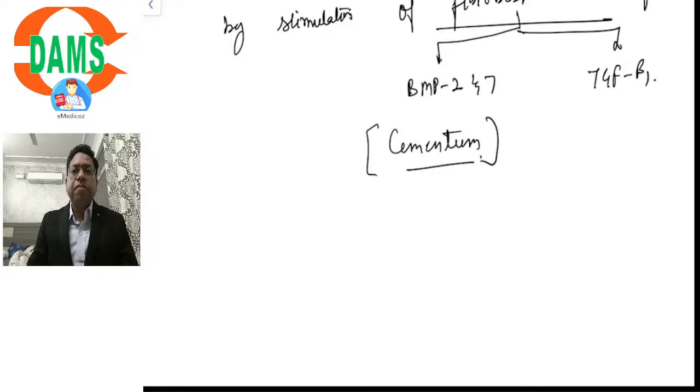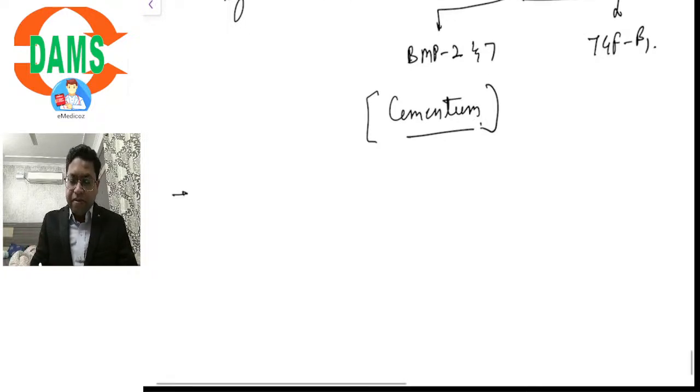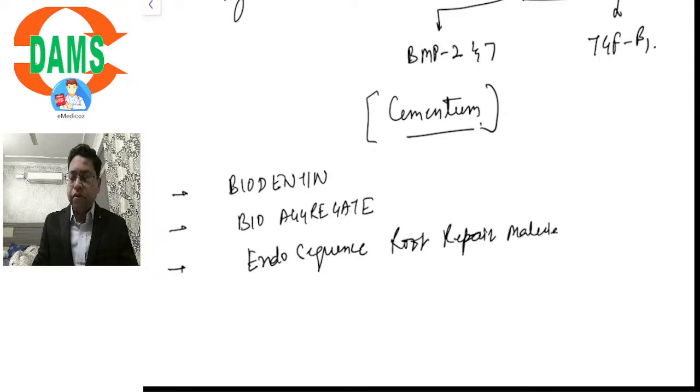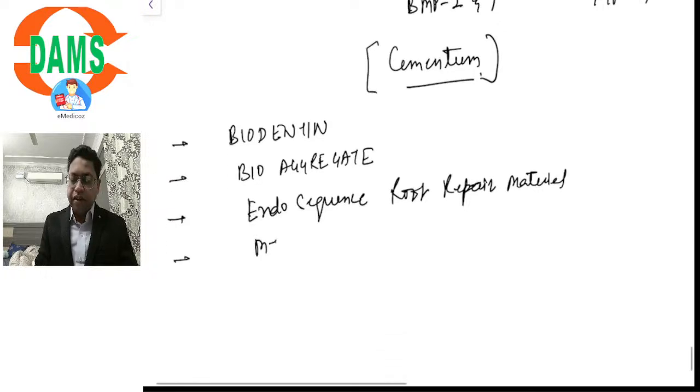This MTA and other similar materials are grouped together as calcium silicate based materials. Other examples are Biodentine, BioAggregate, EndoSequence, Root Repair Material, MTA Plus, and MTA Angelus.